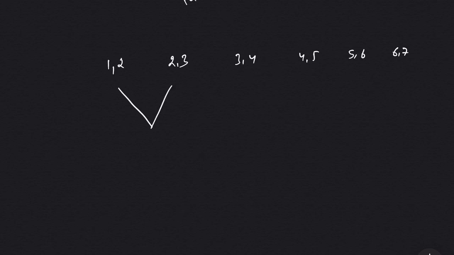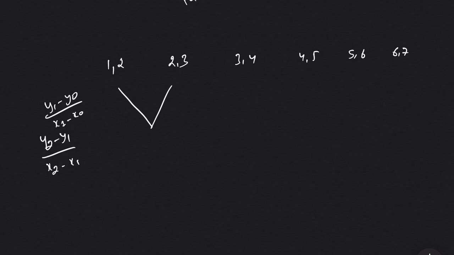If I take the first example, the first coordinate was 1 2, the second was 2 3, 3 4, 4 5, 5 6, 6 7. If I take the slope of these two, that is y2 minus y1 over x2 minus x1, or you can say y1 minus y0 and x1 minus x0.